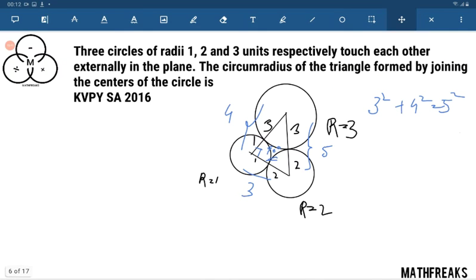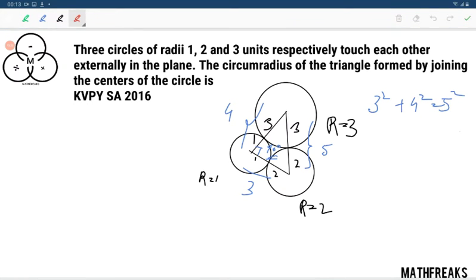Now this much knowledge is mandatory, that in a right angle triangle, the circumcenter lies in the middlemost point, or you can also say that circumradius is half of the hypotenuse.